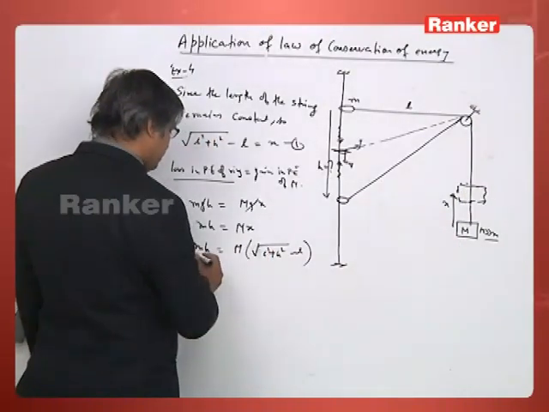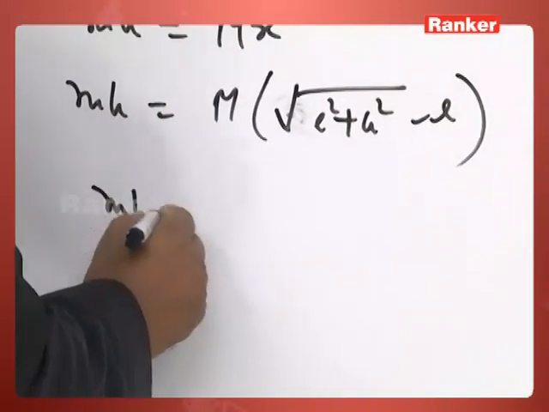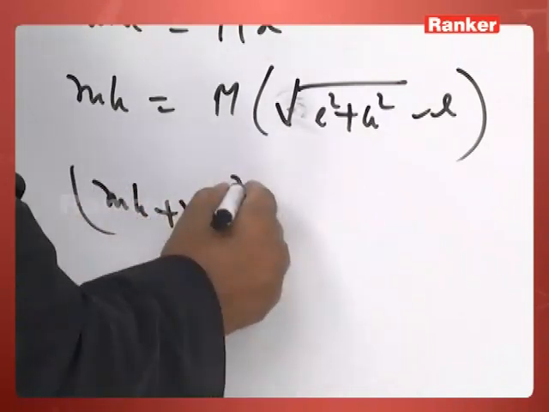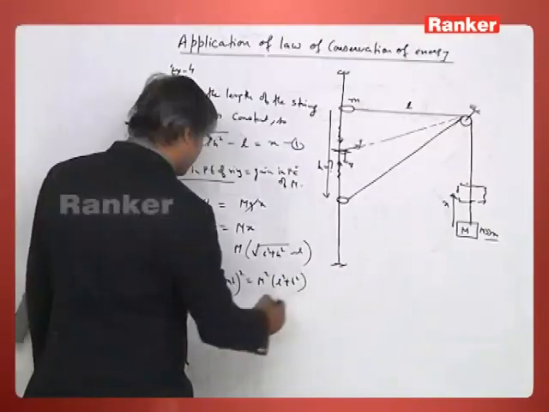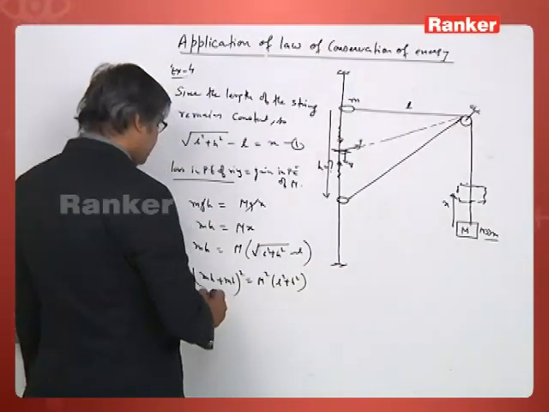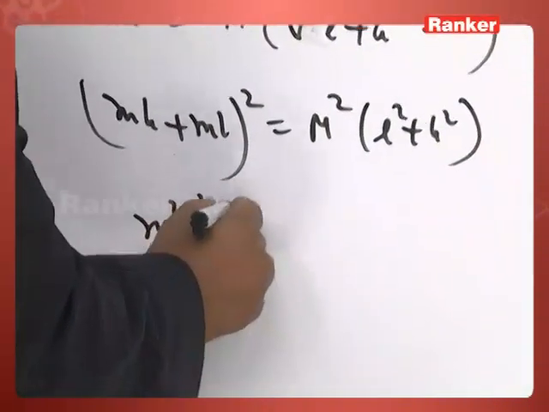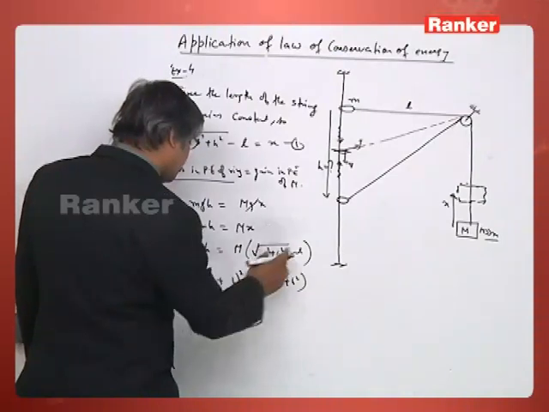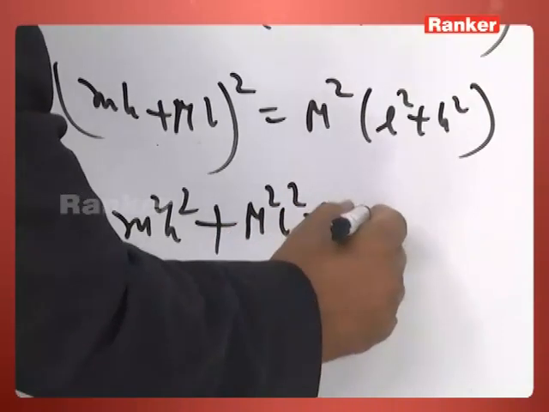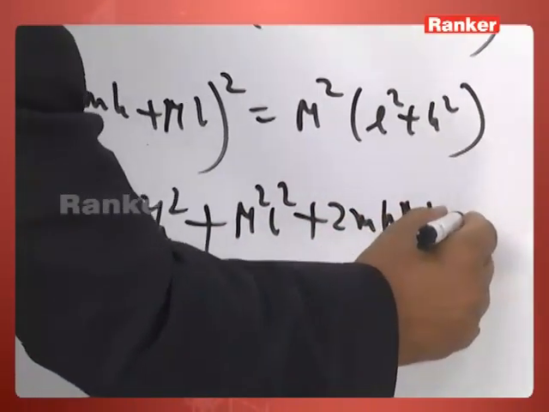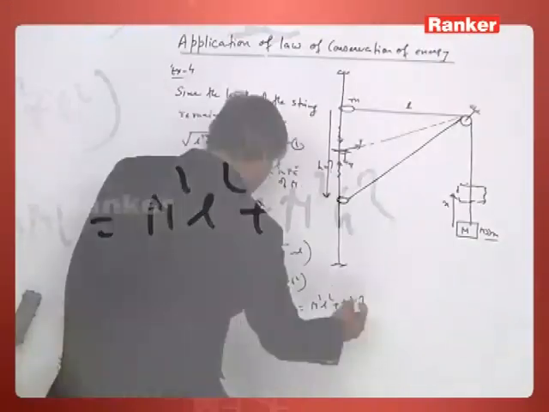Now we have to calculate this value of H. So we will put mh plus ML whole square is equal to M square times L square plus H square. So now let us square this: m square H square plus M square L square plus 2mh ML is equal to M square L square plus M square H square.